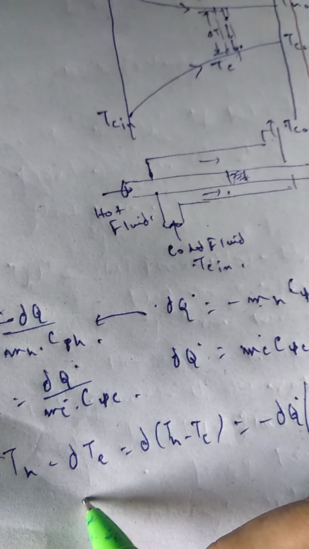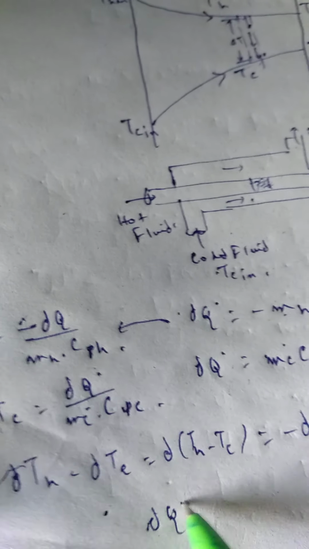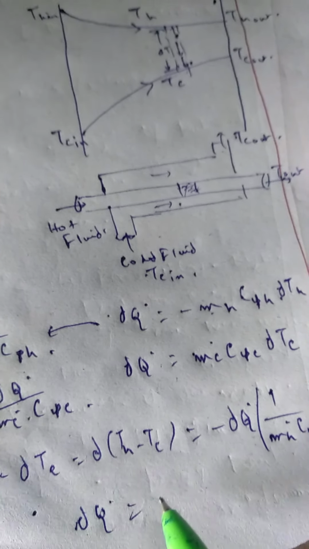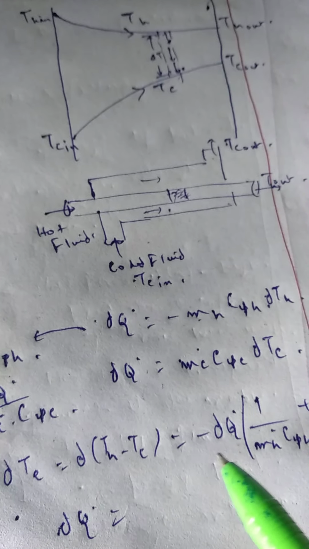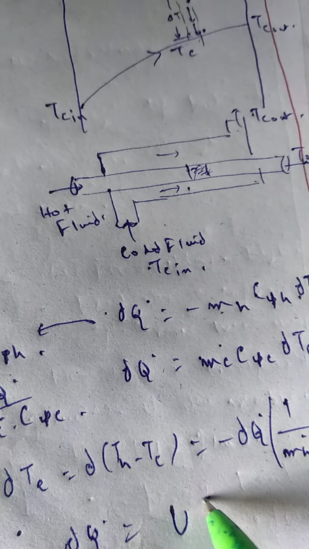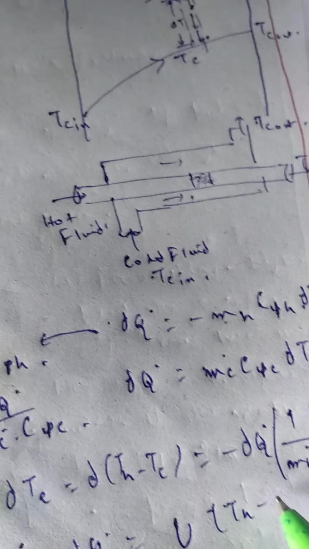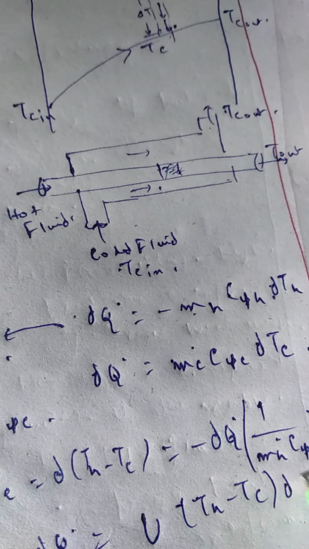The rate of heat transfer in this differential section of the heat exchanger, dQ, we can write as U into (Th minus Tc) into dA.